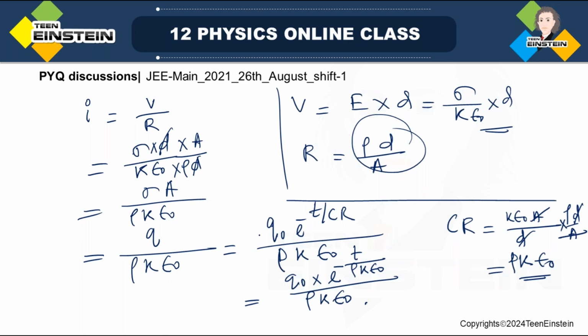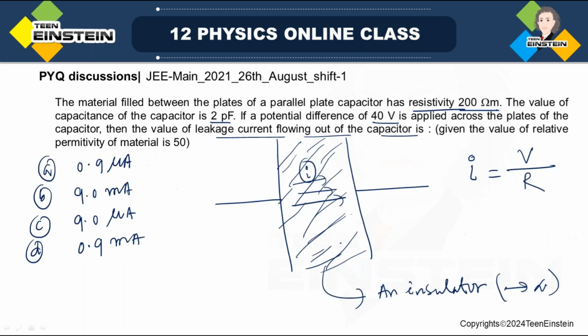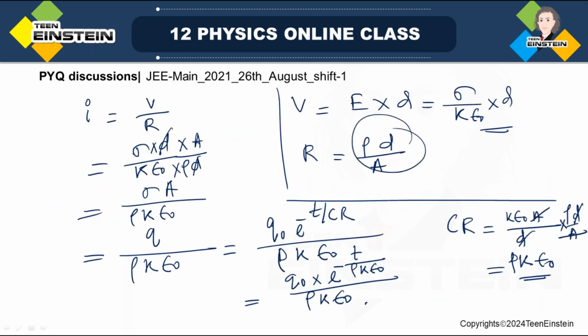Now we have to find out, see, the question was the leakage current. Okay, and see the relative permittivity is given. That means K is given as 50 here. See, this is the 50. Okay, so for the maximum value of the current, the charge will attain the steady state value.